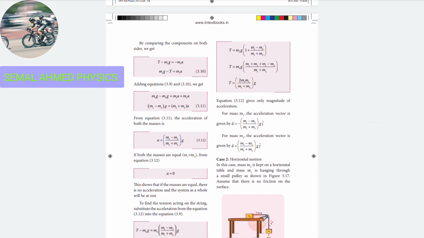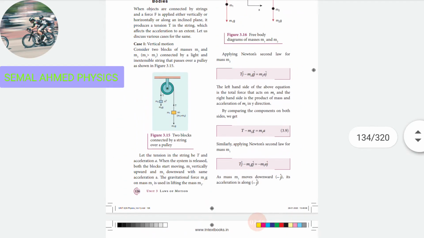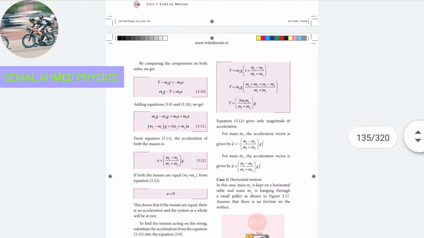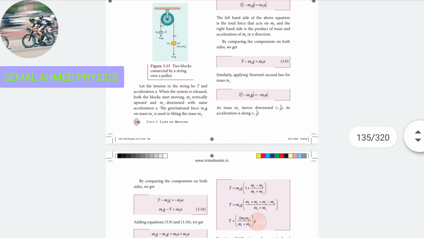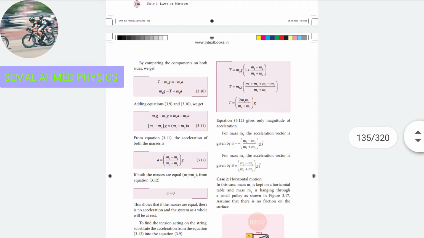So 2 m1 m2 divided by m1 plus m2, whole bracket, g. This is the final equation for the vertical direction. So what will be the tension, both these two tensions T, the final relation is T equals 2 m1 m2 divided by m1 plus m2 into g.